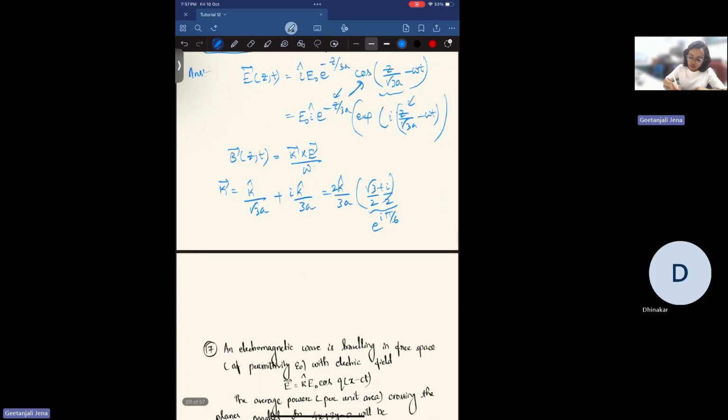Okay, so that means we have 2k by 3 omega e to the power z by 3 e to the power i pi by 6.